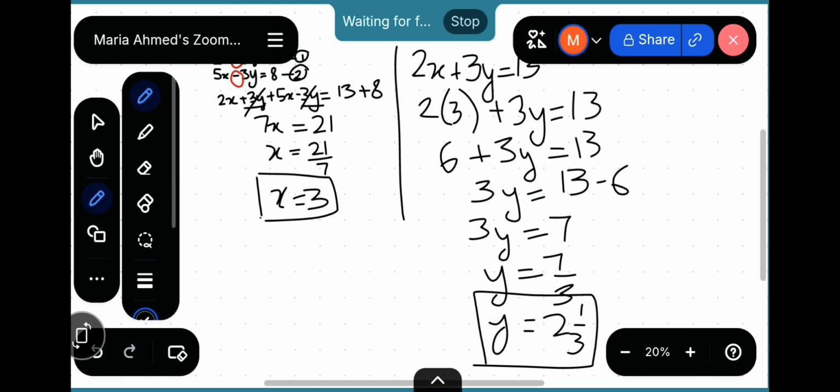So the answer is x is equal to 3 and y is equal to 2 whole 1/3. This is called the elimination method.